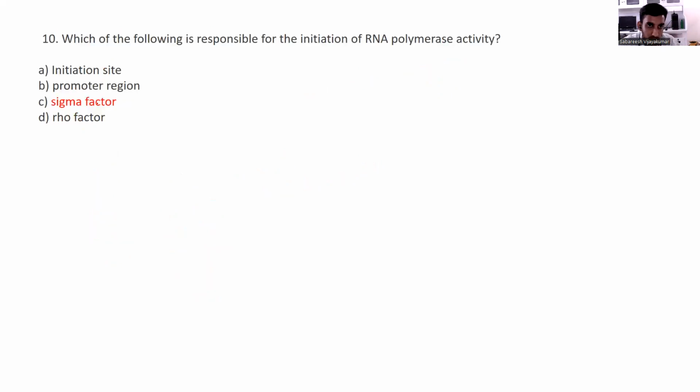So the 10th question: which of the following is responsible for the initiation of RNA polymerase activity? Options: initiation site, promoter region, sigma factor, and rho factor.